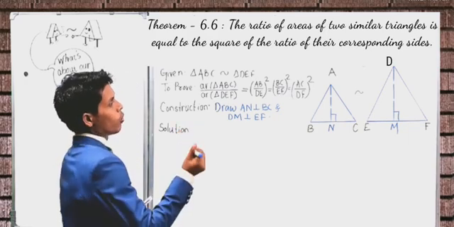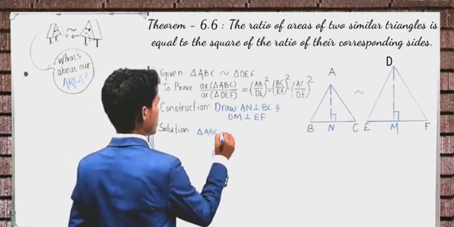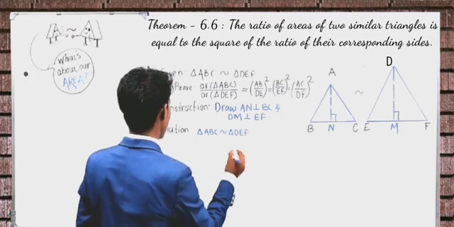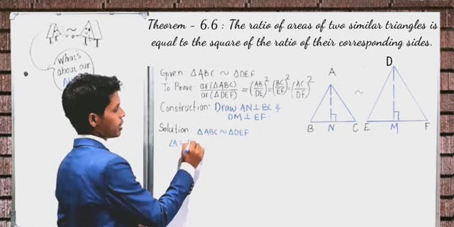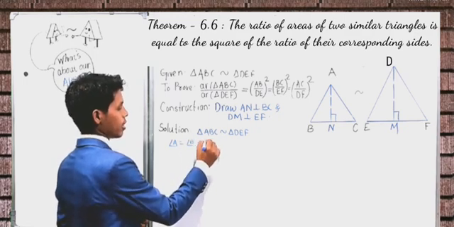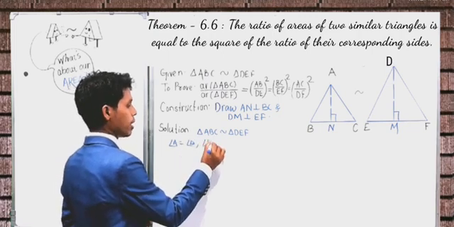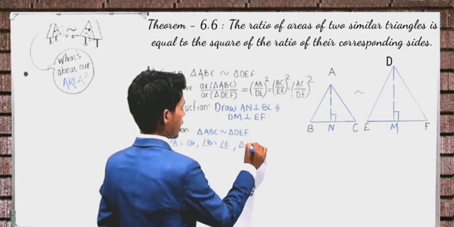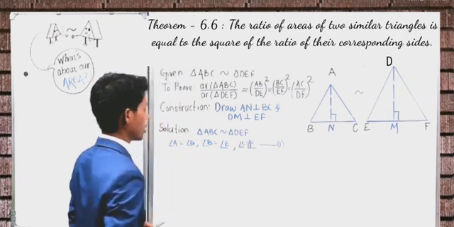Now we know triangle ABC is similar to triangle DEF. And if two triangles are similar, then their corresponding angles are equal. So we'll write angle A is equal to angle D, angle B is equal to angle E, and angle C is equal to angle F. Let this be our first point.